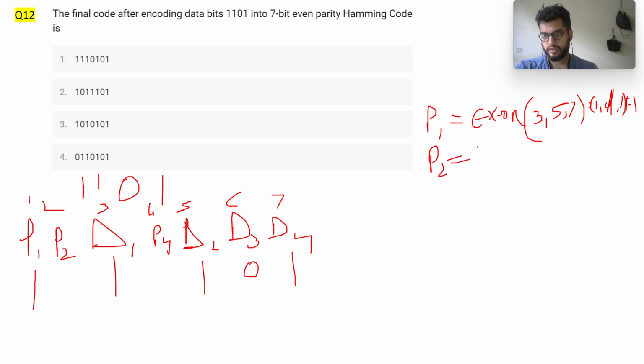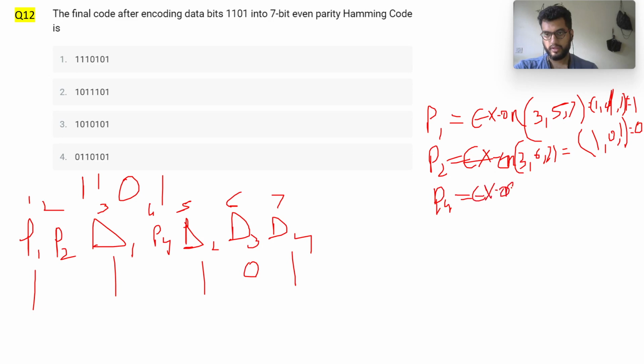Then P2 is the XOR of 3, 6, 7, that is 1, 0, 1, which is equal to 0. Then P4 is the XOR of 5, 6, 7, again 1, 0, 1, which is equal to 0.